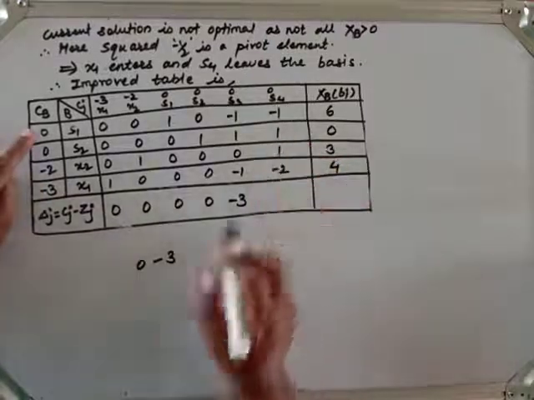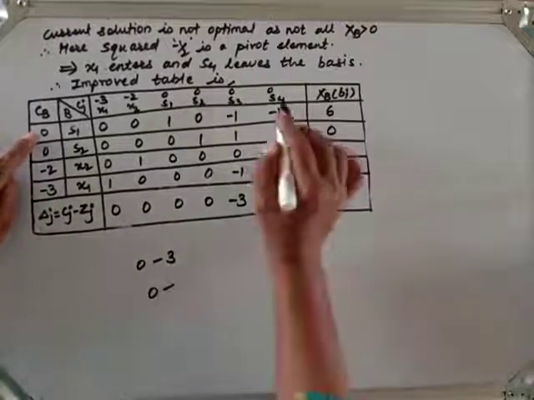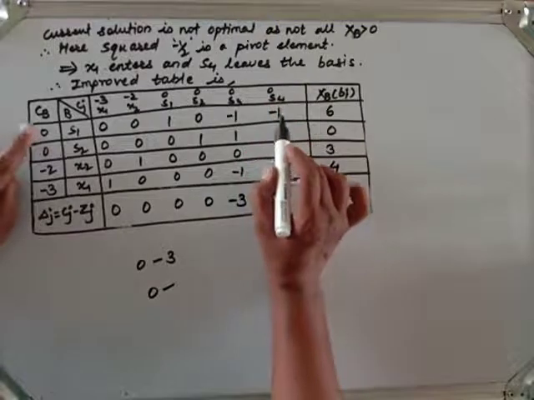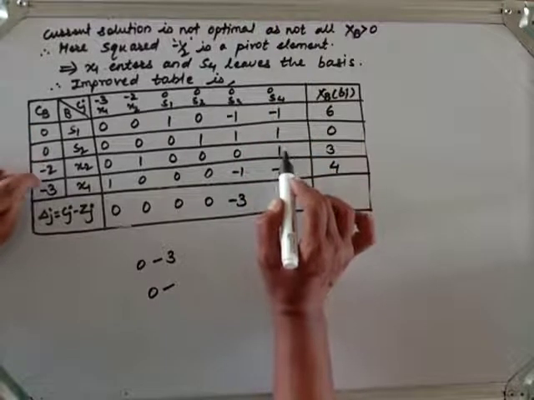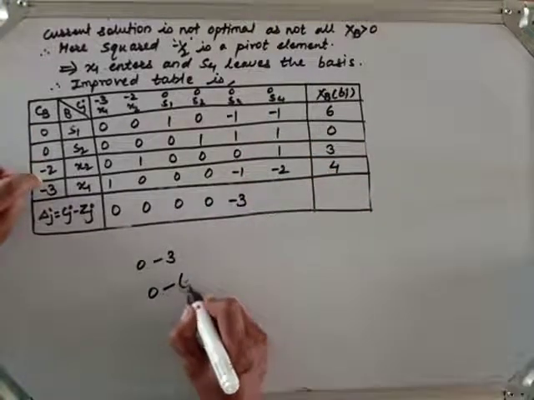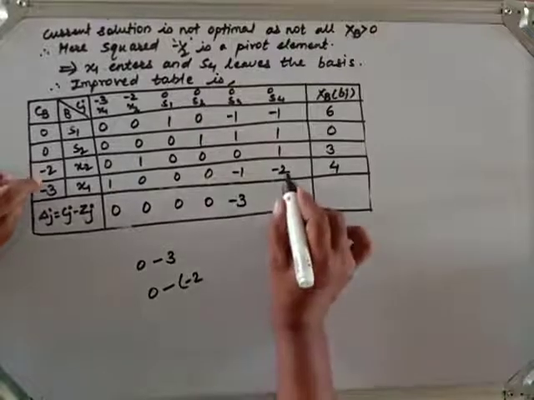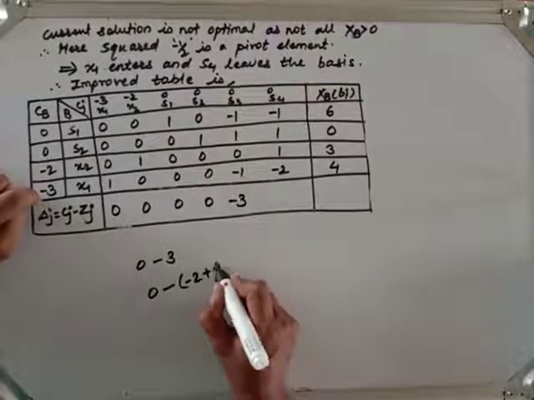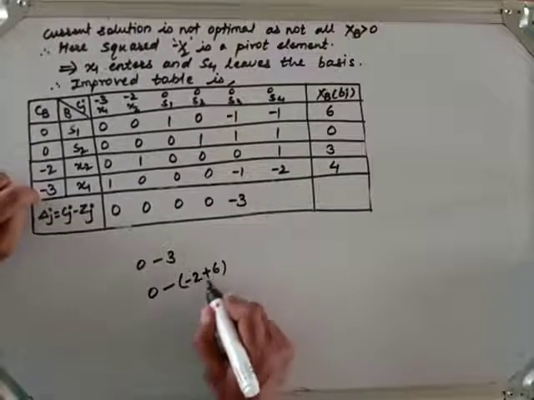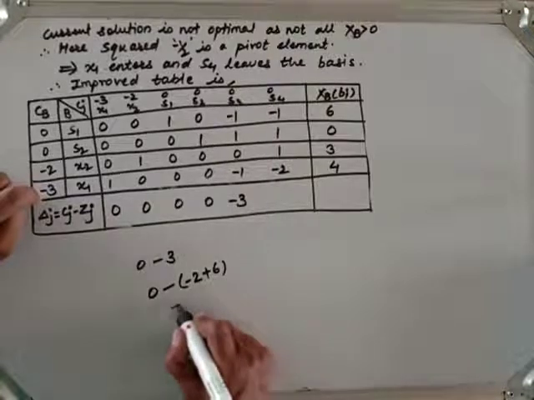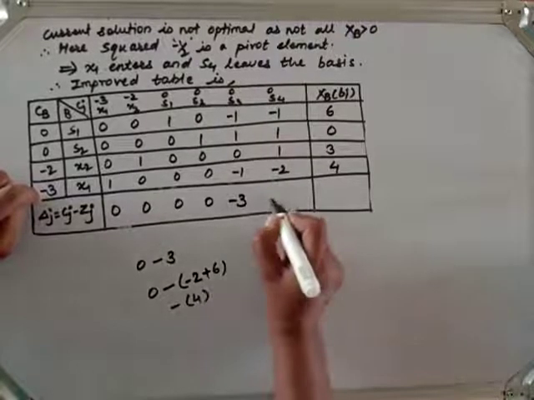Now this is 0 minus Cj, I am taking, this is 0, 0, then -2 and this will be plus 6. So -2 plus 6 will be 4, so it will be -4.